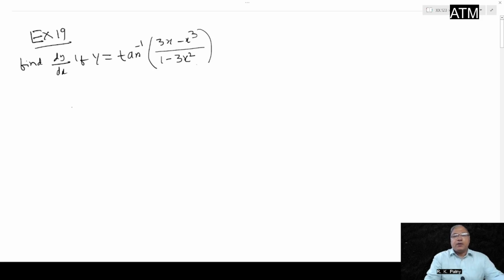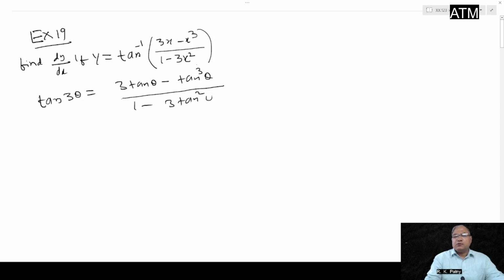Next example, example number 19. Find dy by dx if y equals tan inverse of (3x minus x cube) upon (1 minus 3x square). Before starting this problem, I want to recollect that tan 3 theta equals (3 tan theta minus tan cube theta) upon (1 minus 3 tan square theta).